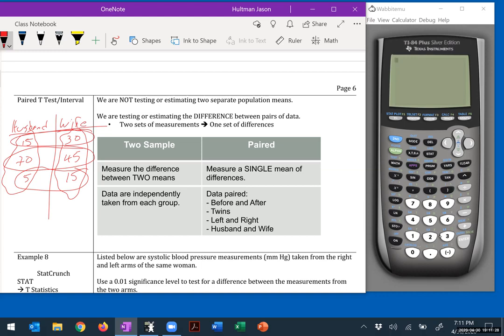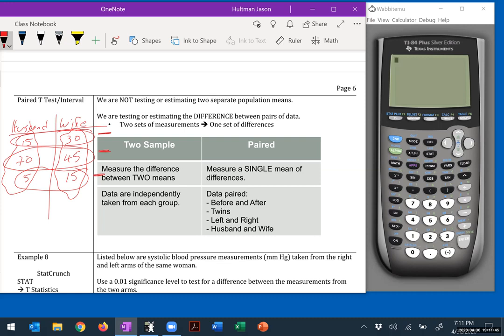So instead of taking an aggregate of all the husbands and an aggregate of all the wives, we take two pieces of data and turn it into one by taking the differences of each pair, each couple.